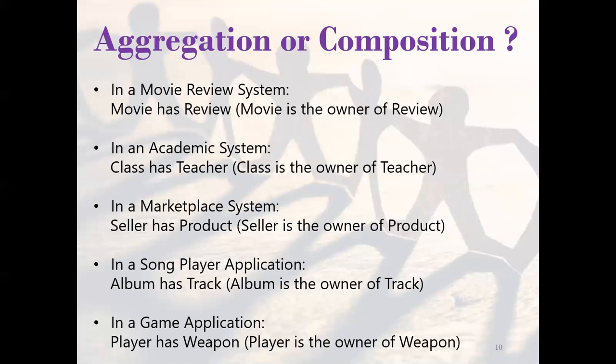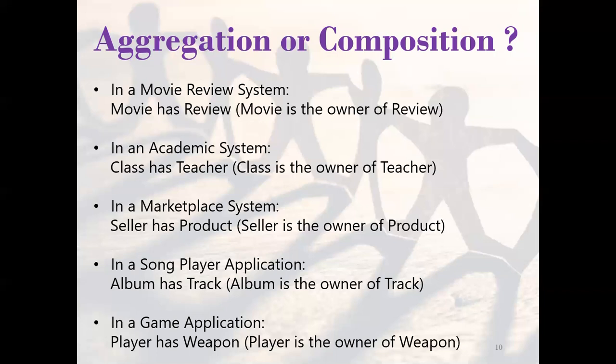The third one, marketplace system. A seller has product. Seller is the owner of a product. Should this be aggregation or composition? A composition. Yes, because, well, yes or no, it depends. If it's a product that is custom to that seller, for example, the seller is selling food, and therefore the food is specific to that seller, then yes.